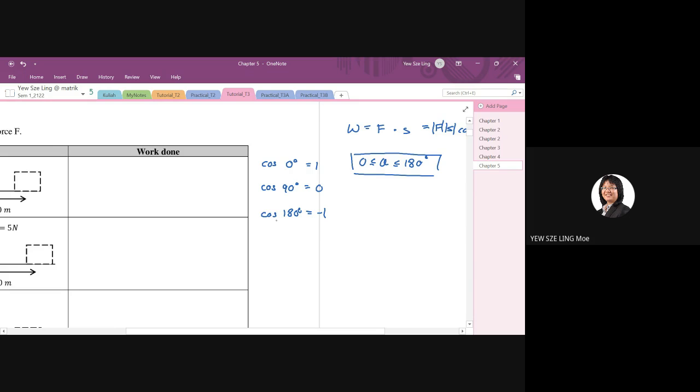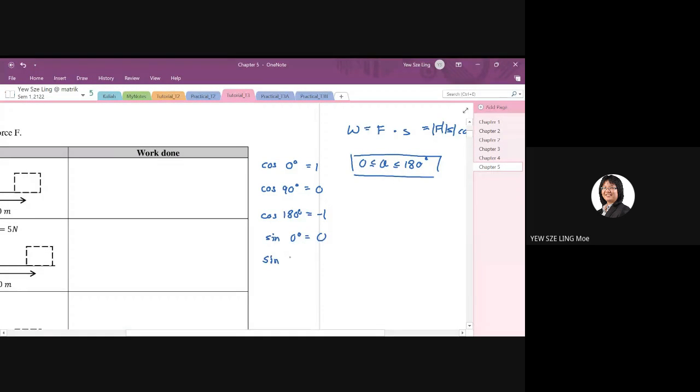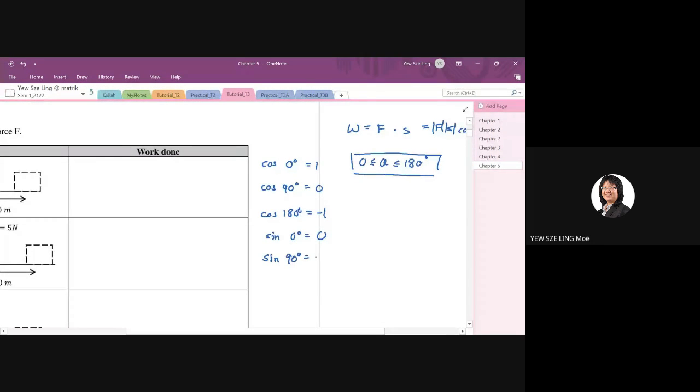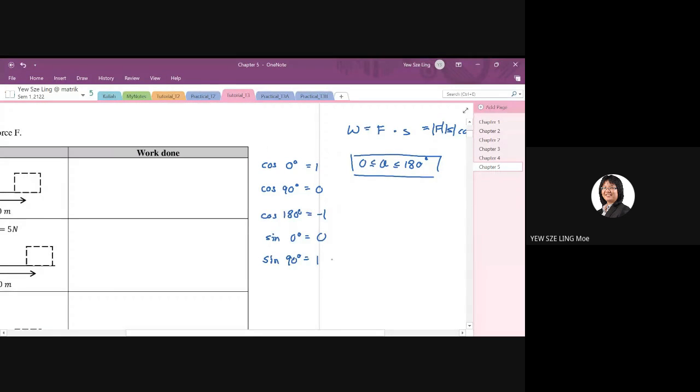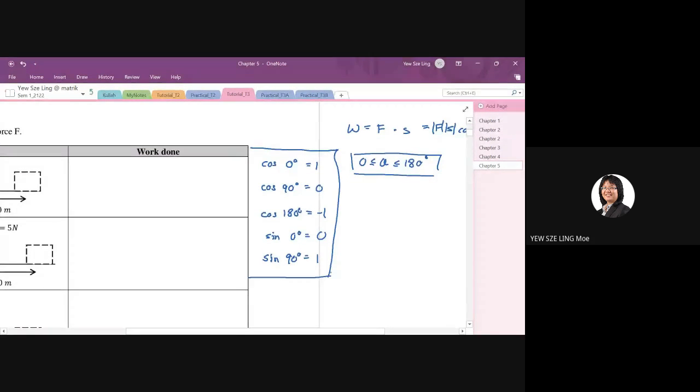And then another angle that you need to know is sine 0 degree, which gives you 0, and then sine 90 degree, which gives you 1. Okay, so these are the angles that we have to know. Most of the time, these types of questions come out in objective questions because you don't even need to do the calculation.